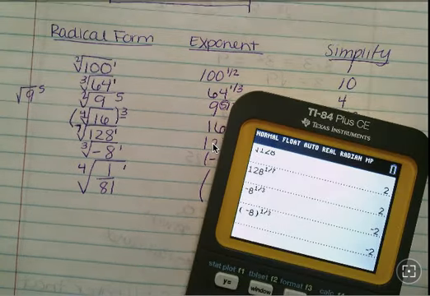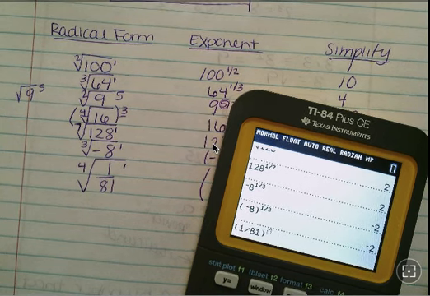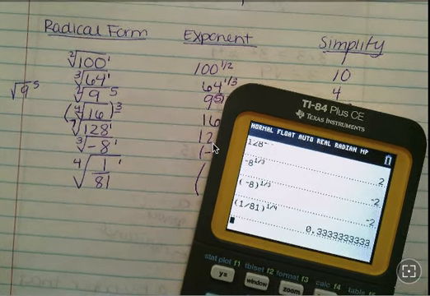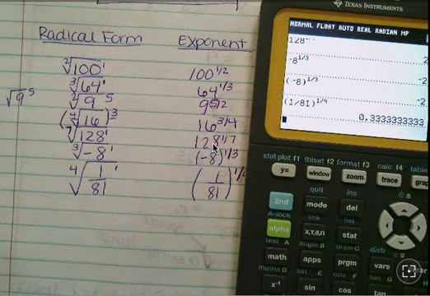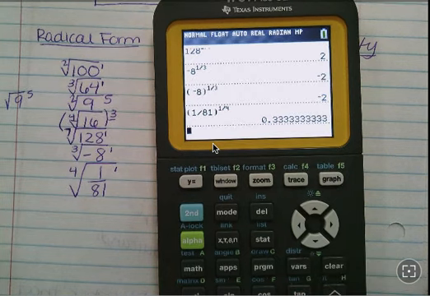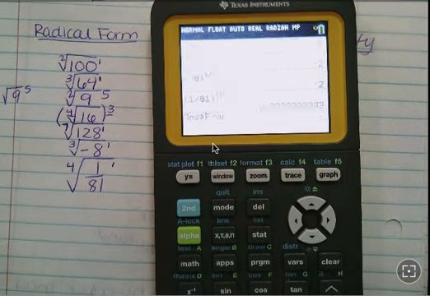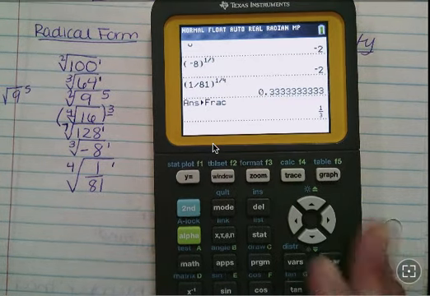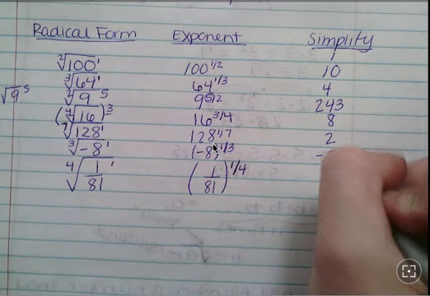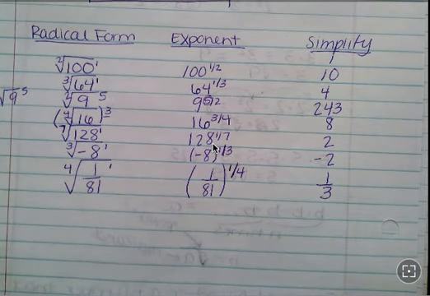We can plug that in with parentheses: 1 divided by 81 to the 1/4. And I know I've said this, but I'm going to say it again: to turn that into a fraction, you hit math, enter, enter. And you get 1/3. So this is equal to 1/3. Just flip-flopping back and forth.